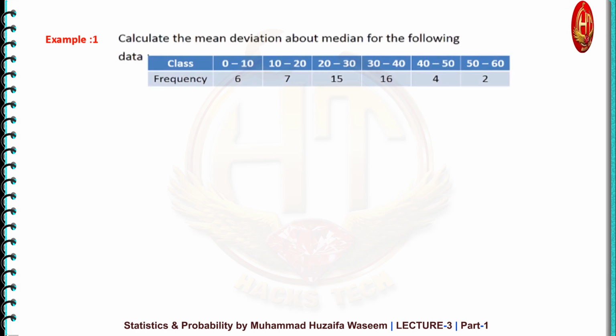Calculate the mean deviation about median for the following data. You are given class intervals with their corresponding frequencies, so this is grouped data. How can you calculate the mean deviation about median? This is your formula: mean deviation about median.